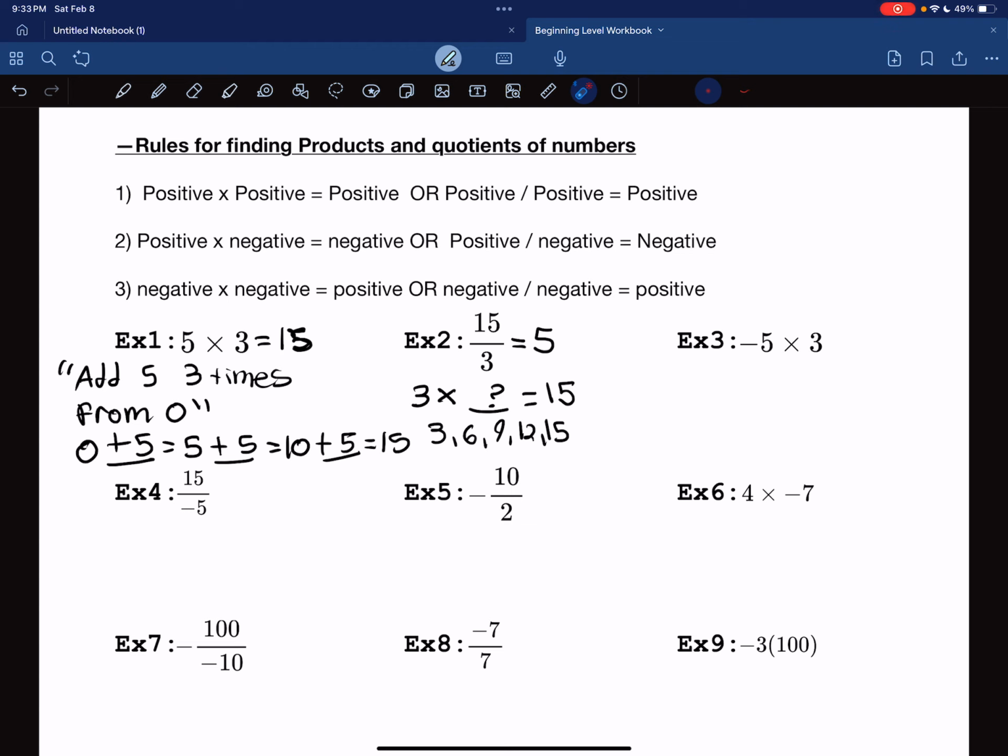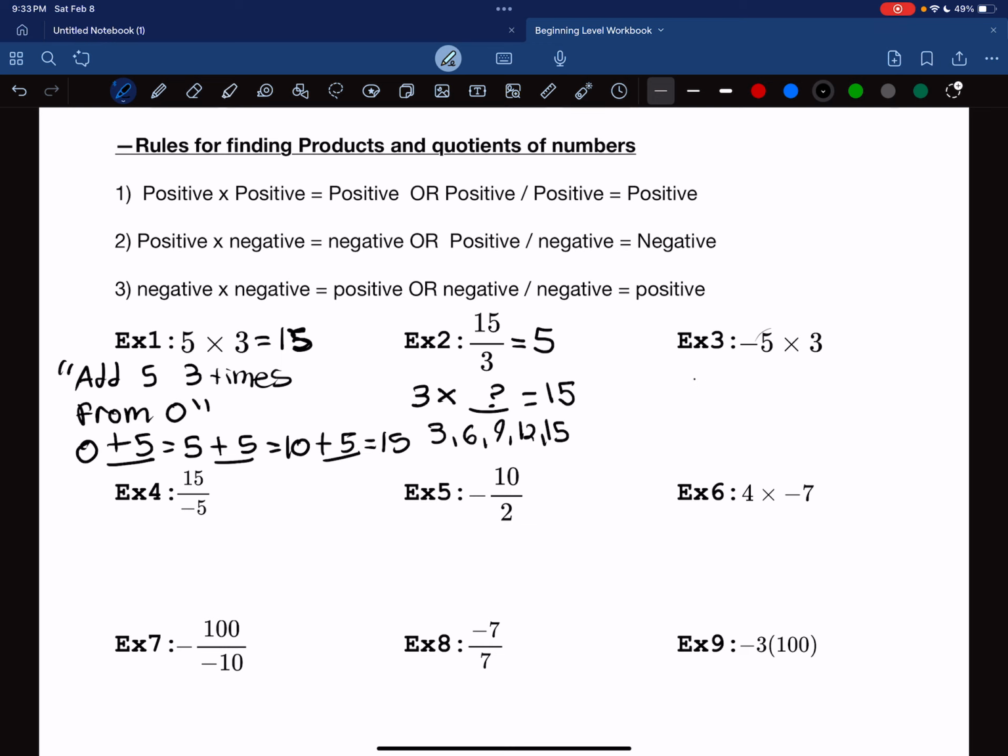And assuming you have given it a try, for example 3, there's a couple routes we can go about this. You can either count by 5s 3 times, or you can count by 3s 5 times. But I'm going to count by 5 3 times because it's less work rather than having to count by 3s 5 times.